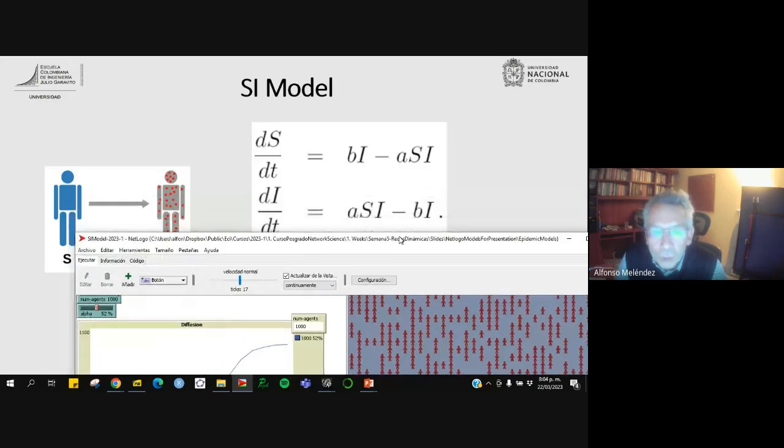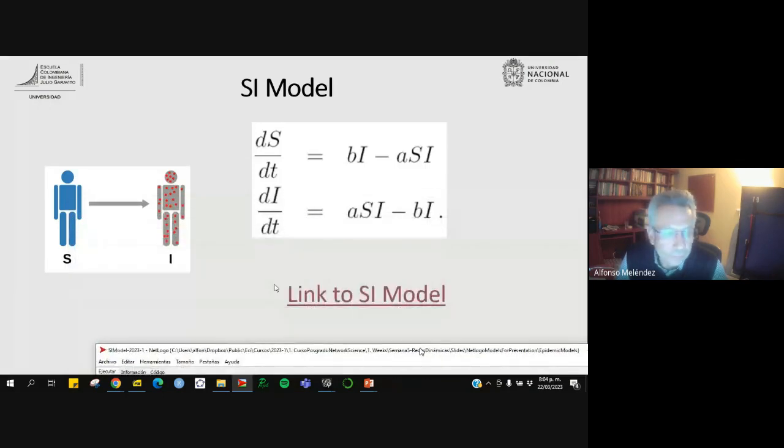It's a very simple model. Why, guys? Because a susceptible person gets infected, and this infected person is not cured, is not returning to being susceptible again.